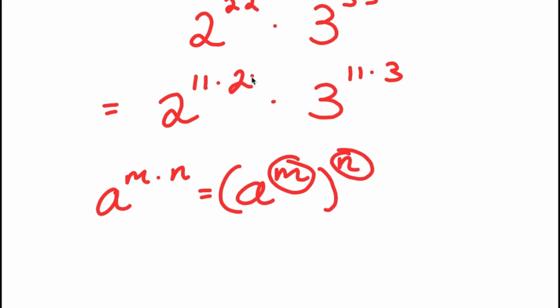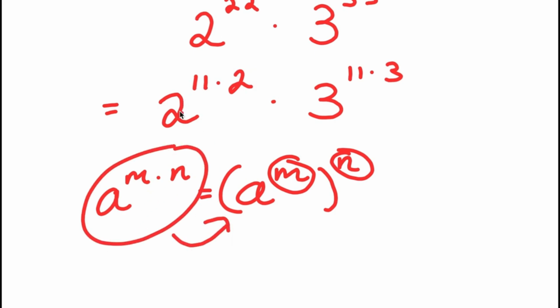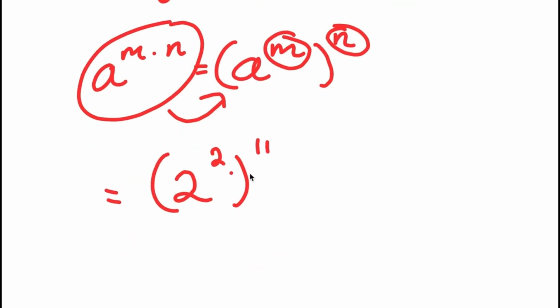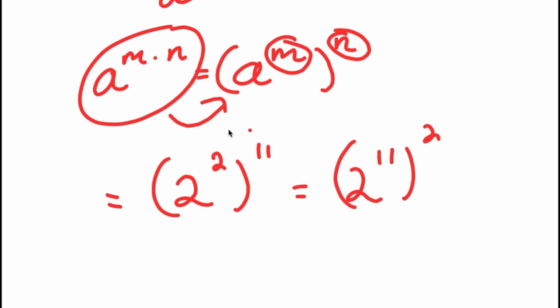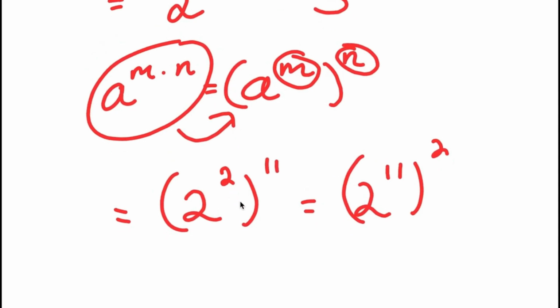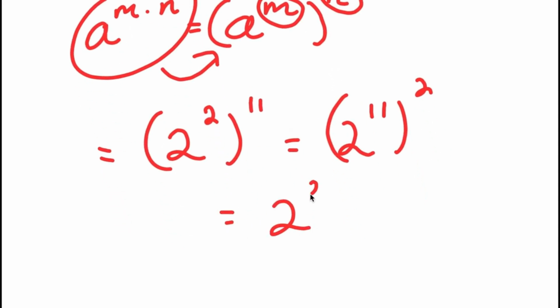So 2 to the power of 11 times 2, I'm going to take this form and change it into this form. So I'm going to rewrite that as 2 to the power of 2 to the power of 11. And remember, this is also the same thing as 2 to the power of 11 to the power of 2. These two are the same because at the end of the day, they both are going to equal 2 to the power of 2 times 11.